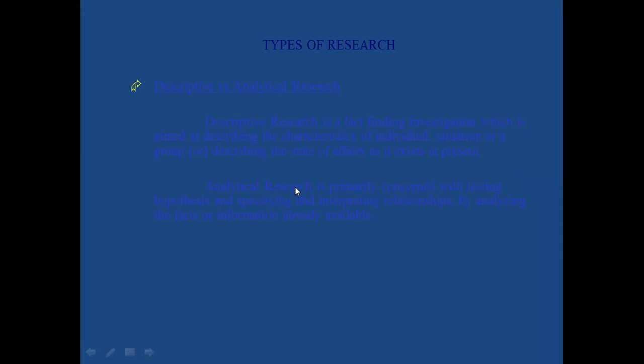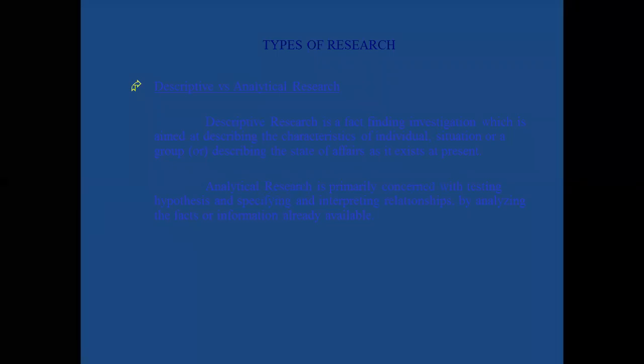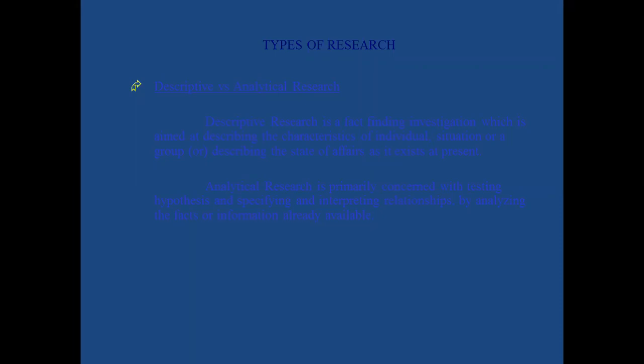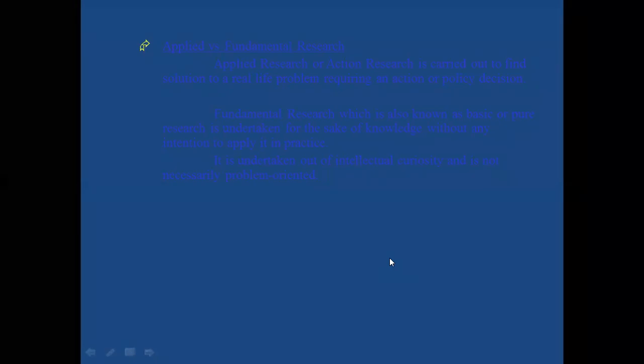Then analytical research is primarily concerned with testing hypotheses and specifying and interpreting relationships by analyzing factors or information already available. So applied versus fundamental research. This is again very important. Applied research is carried out to find solutions to a problem requiring action or a policy decision.